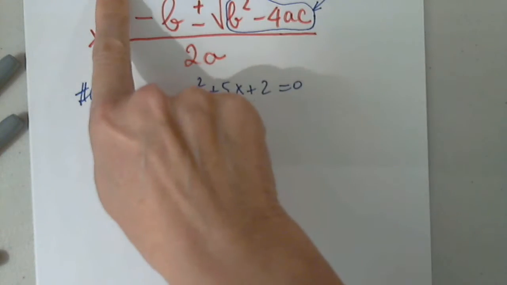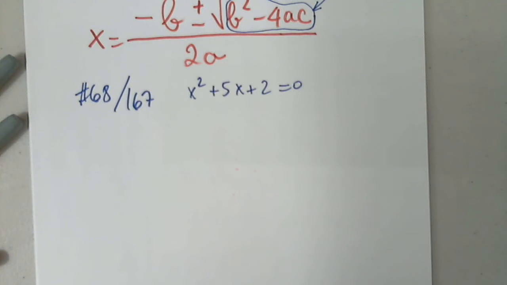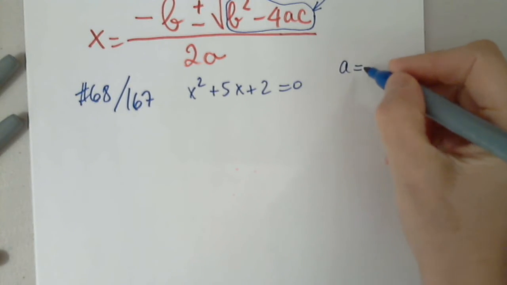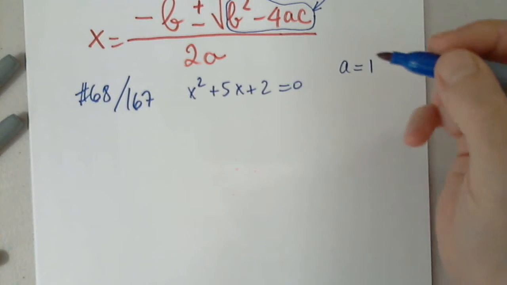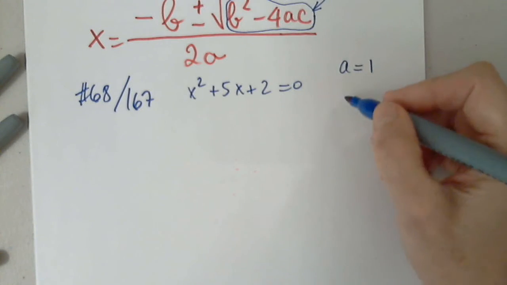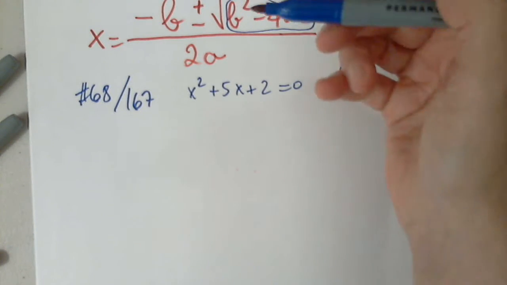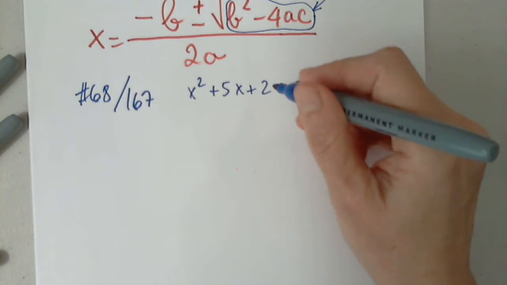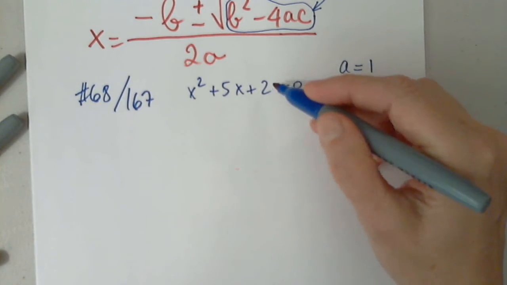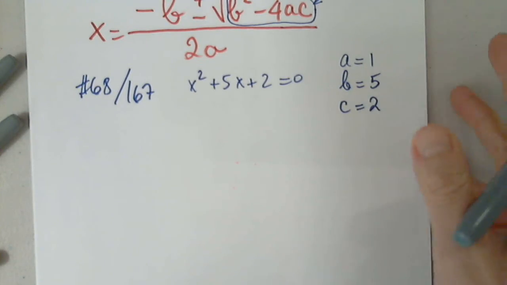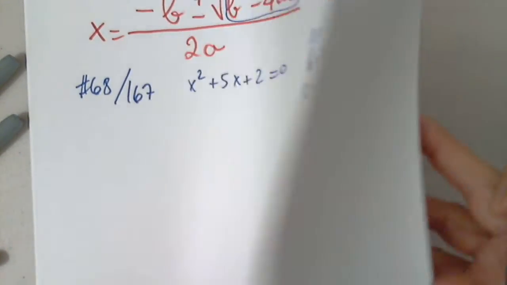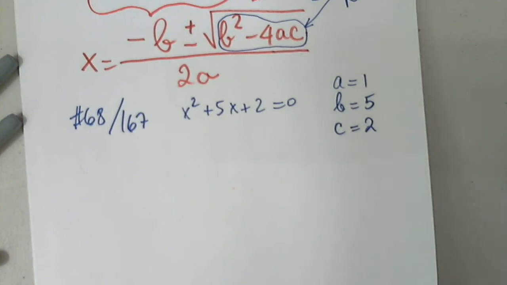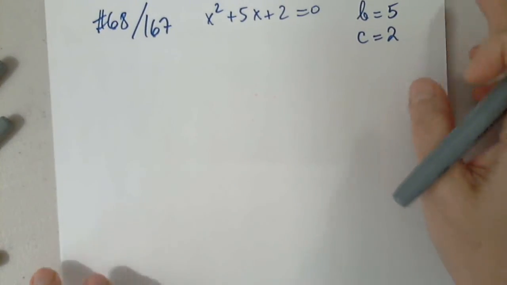X squared, where the leading coefficient is how much? 1. Excellent. 5x, where b, or the middle coefficient, is how much? 5. Very good. And c is the so-called free term, free of variables, free. The free term is 2.